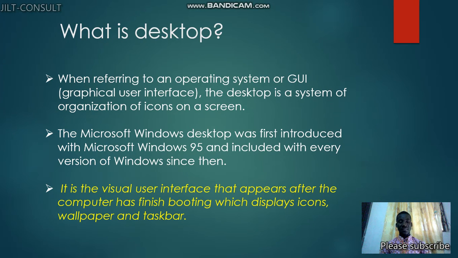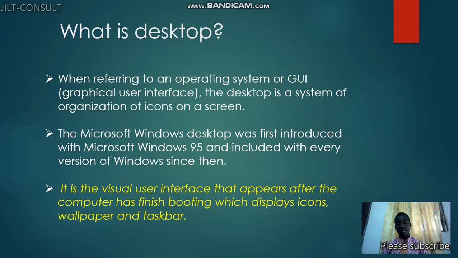Let's look for more definitions. Microsoft Windows desktop was first introduced with Microsoft Windows 95 and included with every version of Windows since then. So here is giving us the answers to the question I asked previously.